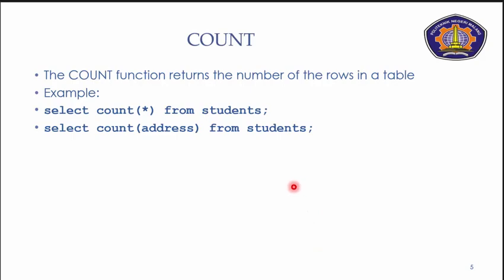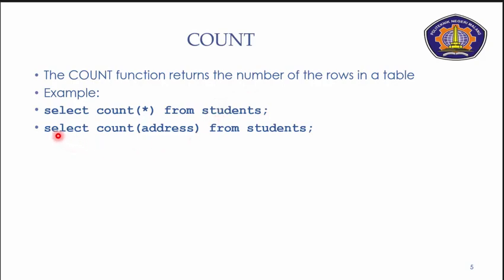And then count. The function count returns the number of rows in a table. We can write it with these two examples. For the first example, we use star: select count star from student. It means it will calculate the total number of students in the student table.